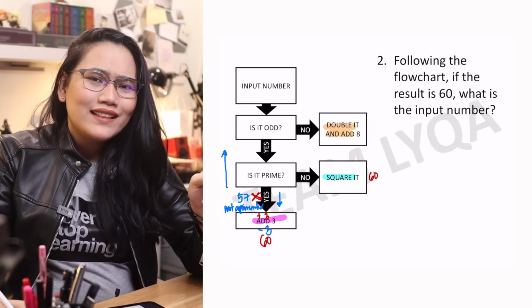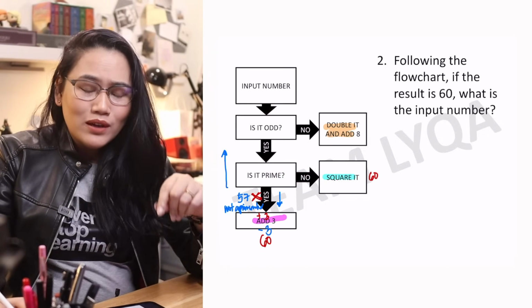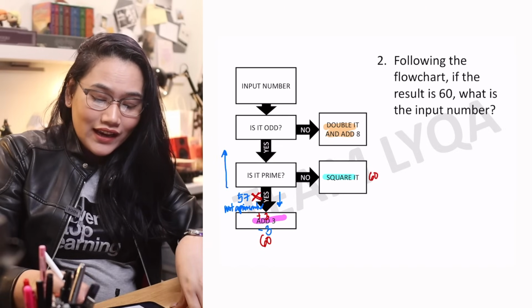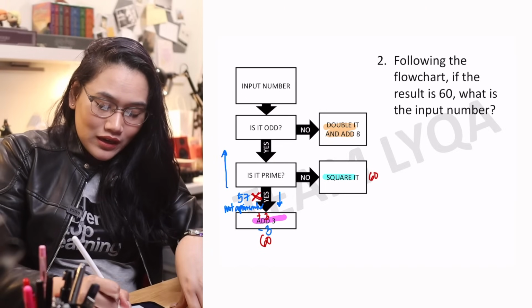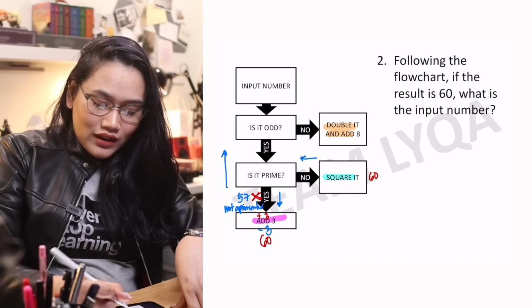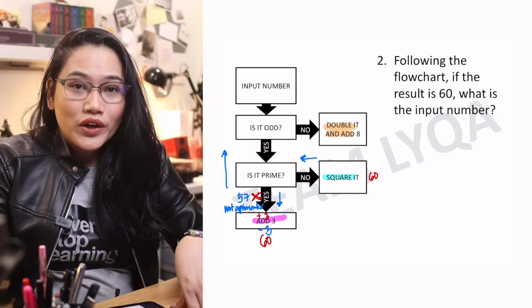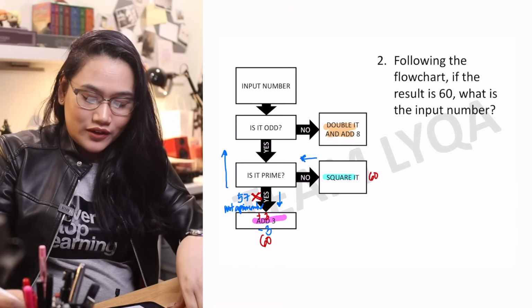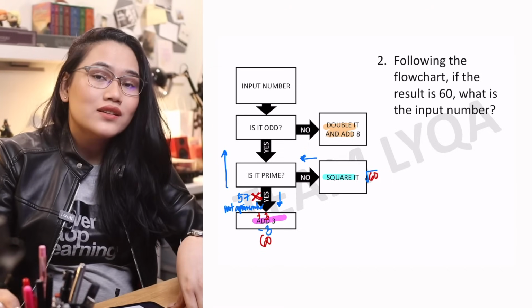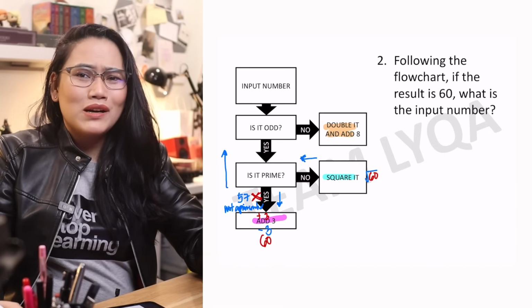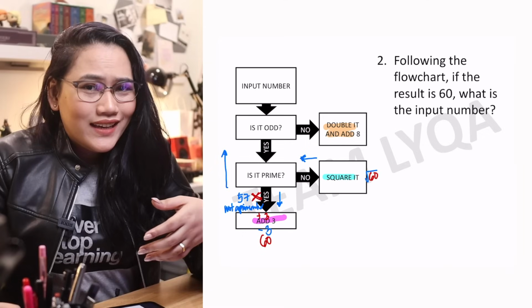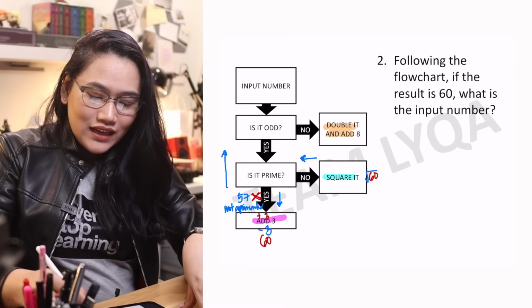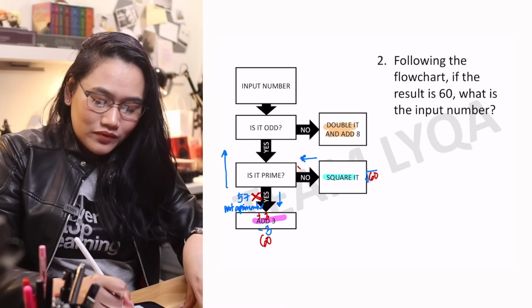Now, para malaman natin kung ano yung input number, again, backtracking, babalik tayo ng direksyon. Pag ganon, gagawin natin yung kabaliktaran ng square it, which is to take the square root of the number. Now, kapag square root ko ang 60, perfect square ba siya? Ang sagot ay hindi, which also means hindi siya pwedeng dito dumaan.